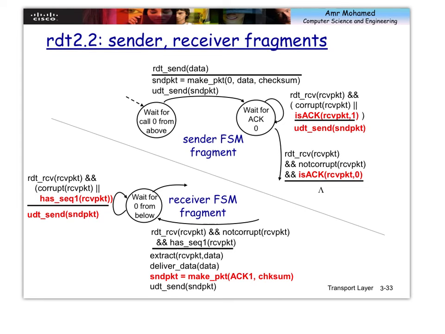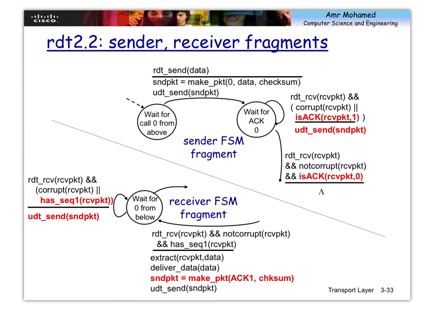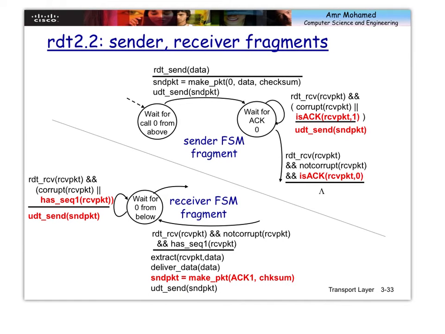So here, if I receive the packet and the packet is corrupted, this is at the receiver side, and the packet has a sequence number of 1, this is straightforward.